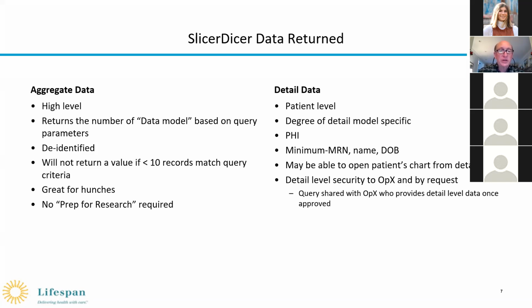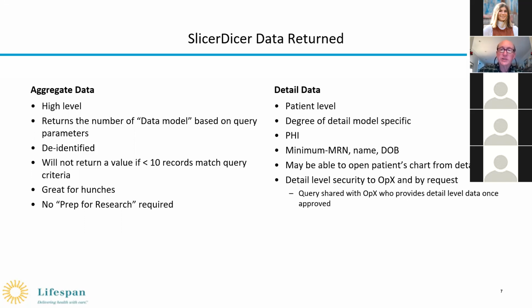The other thing is because there's no PHI involved, we had a prep for research required if you were considering using it for a clinical research project, but just about 3 or 4 months ago, we removed that requirement, because after looking at how SlicerDicer has been used in the aggregate, the feeling was by Lifespan Legal that we were not concerned about a HIPAA violation.